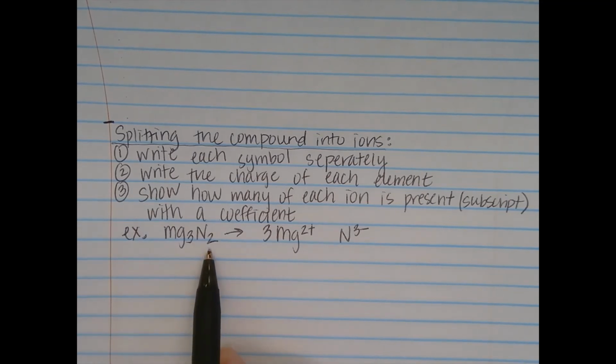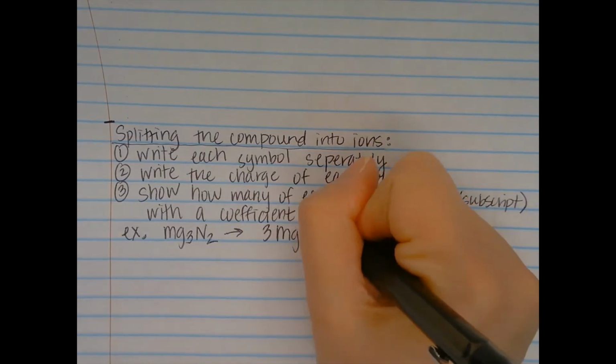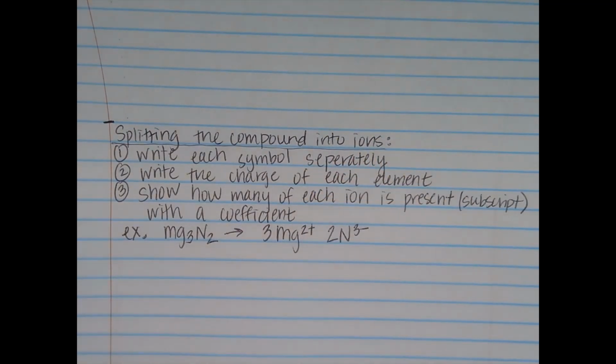Same thing with this nitride. I've got 2 in my compound, so this 2 is telling me that I have 2 nitrogen ions. So I'm going to pull this out as a coefficient. So I have 3 Mg2 pluses, and I have 2 N3 minuses.